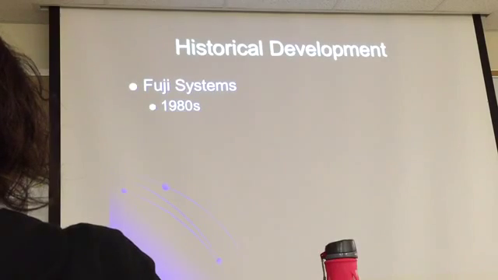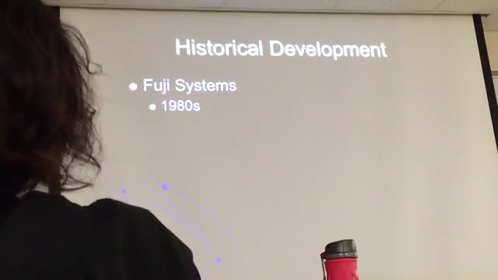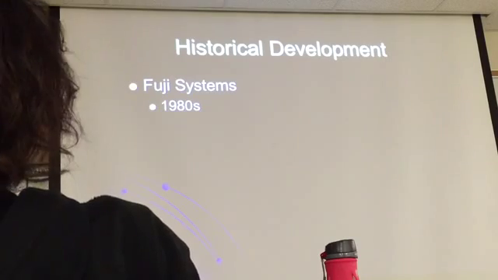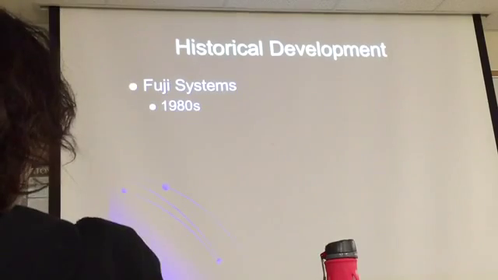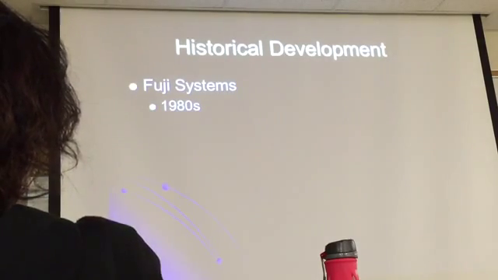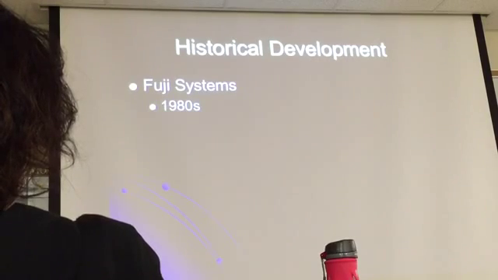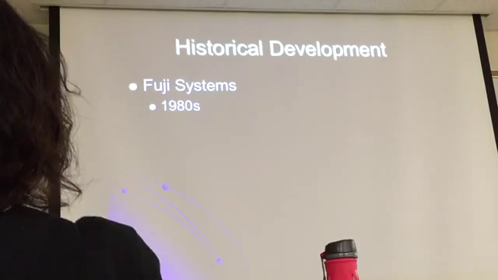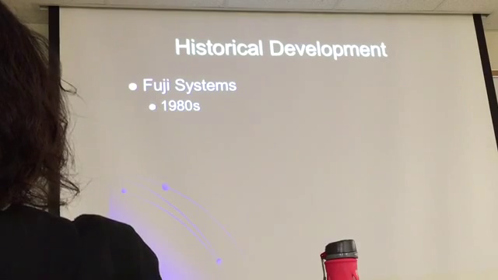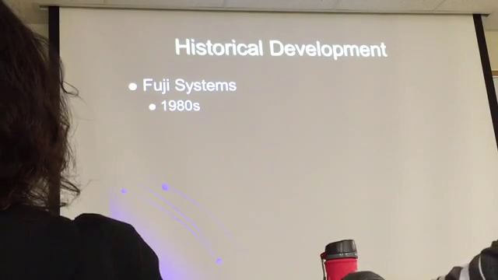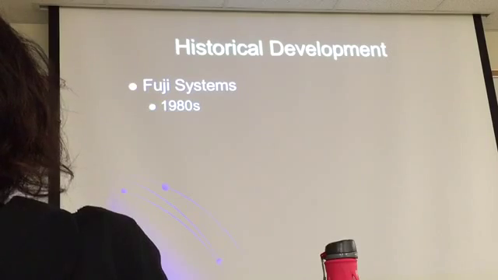Nothing against Japan. It's just that a lot of times people think, oh, they're really smart, they're developing all these things. A lot of times they're not. A lot of times they were developed here. Anyway, so when it comes to digital systems in radiography, once again, they were developed by Kodak.